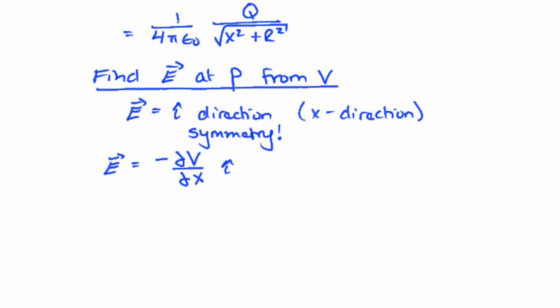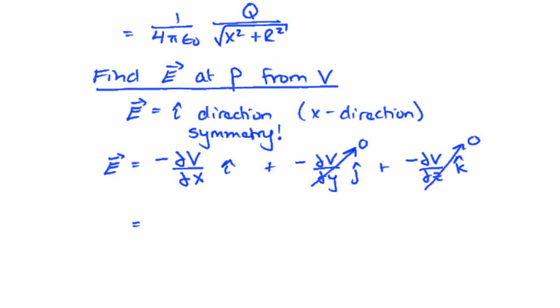To calculate the electric field from the potential, it's going to be negative the partial derivative in the x direction. If there were components in other directions, we would need to do the partial derivative for each one, but I already know that these are 0, so we'll ignore them for now.